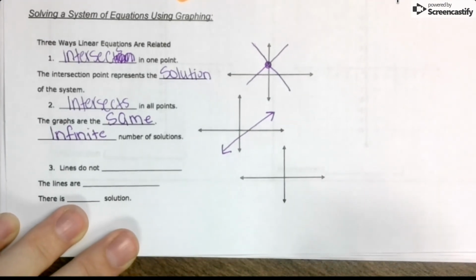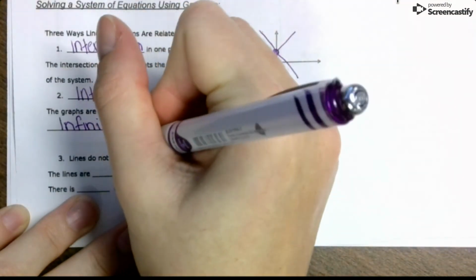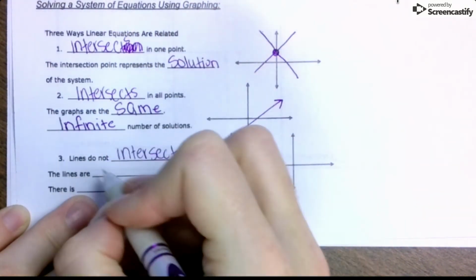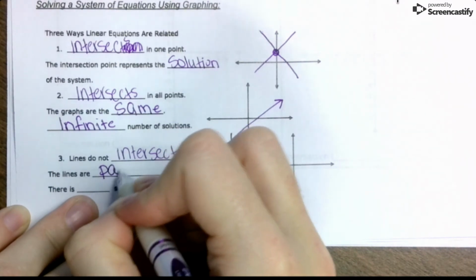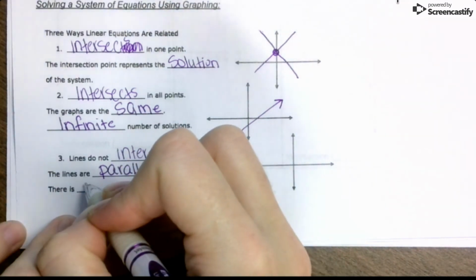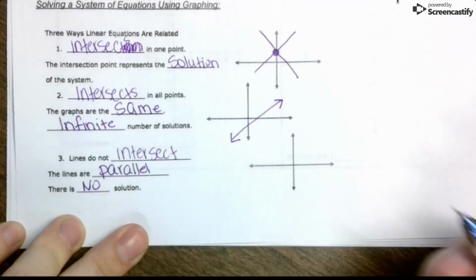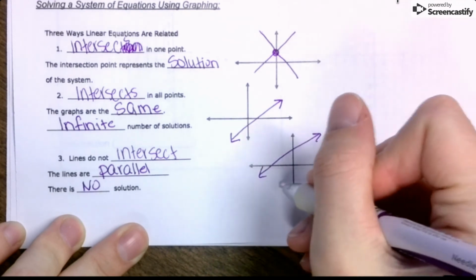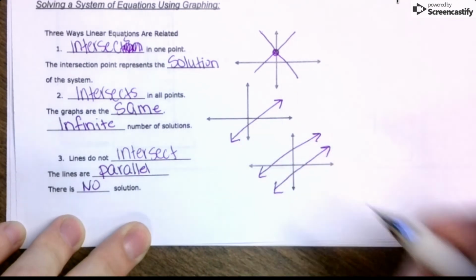Now the third one is that they do not intersect at all. That means that the lines are parallel, and there is no solution. So that would be something like this.